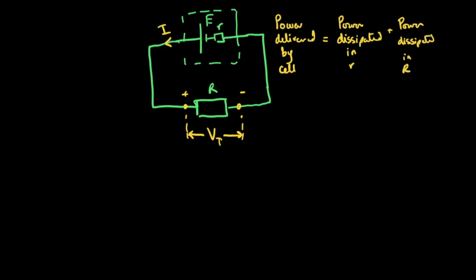There's no other power loss, assuming that in the wires, there's no heat loss. So the power delivered by the cell is the EMF of the cell into the current, EI. The power dissipated in the small resistance is given by I square into small r, and the power dissipated in capital R is given by I square into capital R.